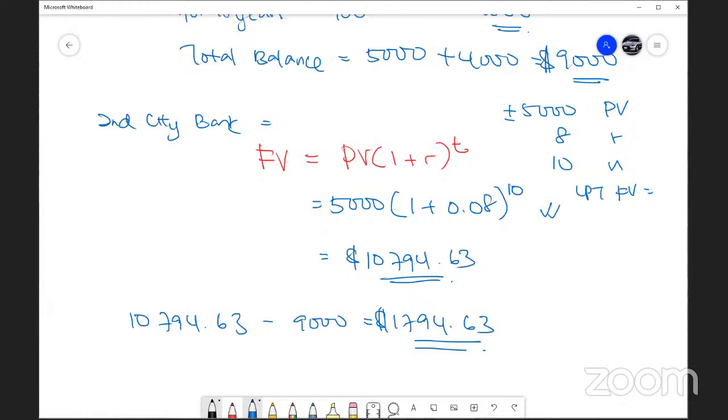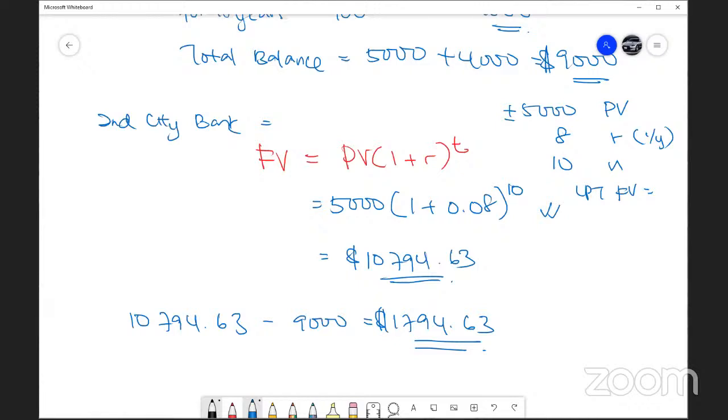Key in your N is 10, your interest rate, consider as R. Some calculators will be written as I/Y, interest per year. Again, your PV, some calculators require you to put the plus minus. I think if you're using the BA2 Plus, you must put the plus minus here. If not, you get a negative future value. So when you compute, you get 10794.62 something or 63.